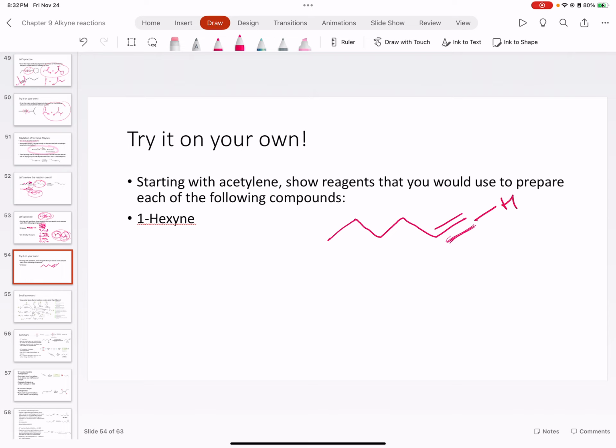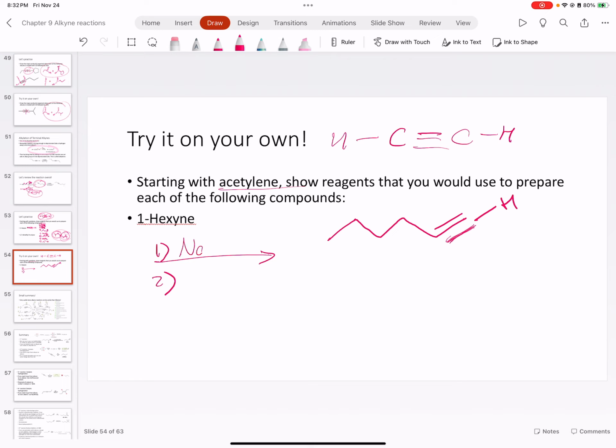So then here I have a hydrogen at the end. So then remember that we are starting with acetylene. We know that acetylene is just like this. And technically we just have to do two steps. We don't have to do like 4 steps.